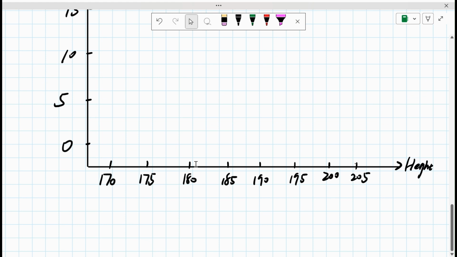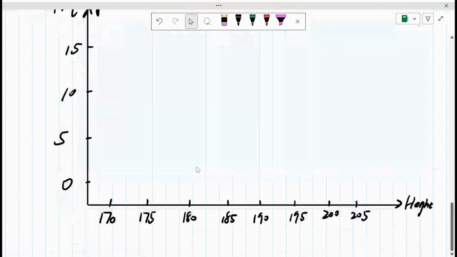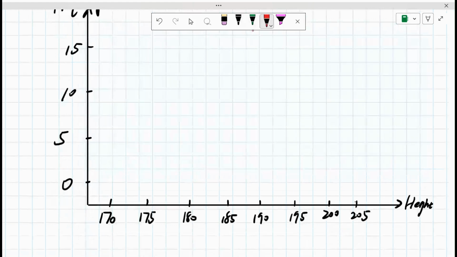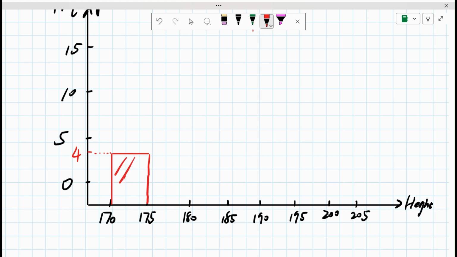All right, first one, 170 to 175 is 4, so I draw 4 here. And 175 to 180 is 5, so we draw a horizontal straight line a little bit up.